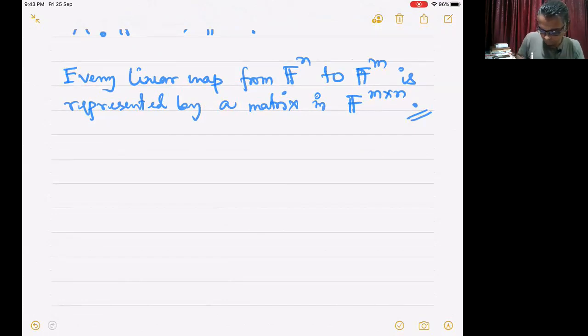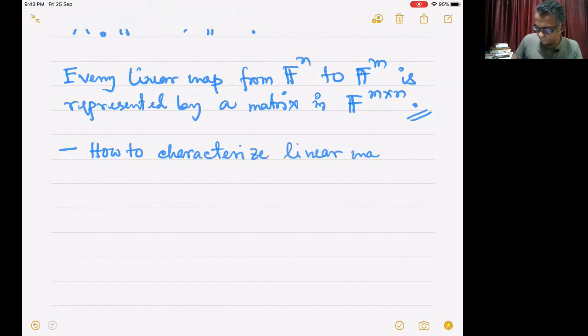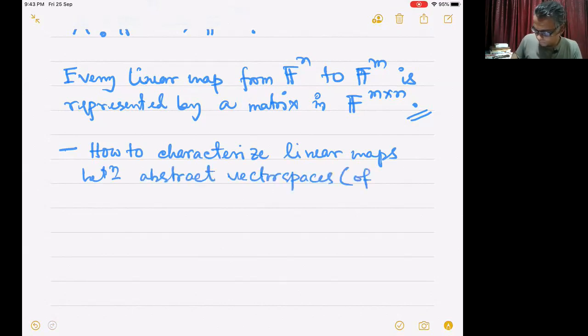So here's the question: how to visualize, or rather characterize, linear maps between abstract vector spaces, of course, of finite dimensions.